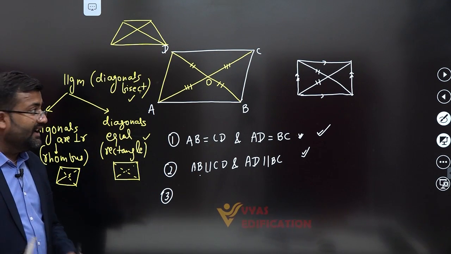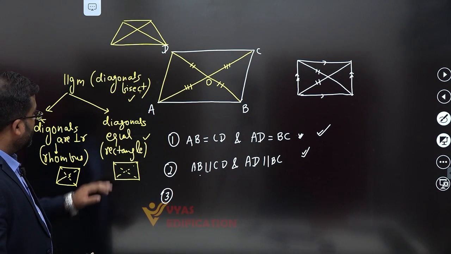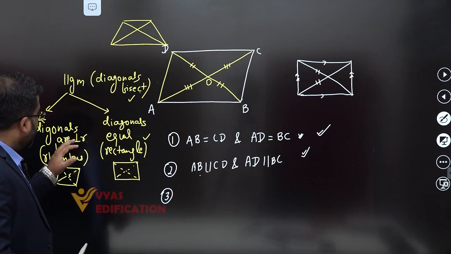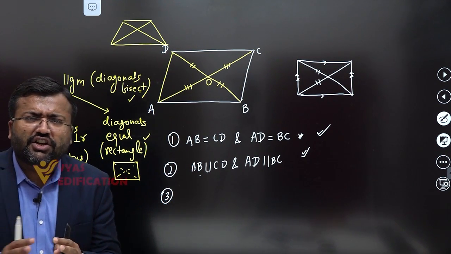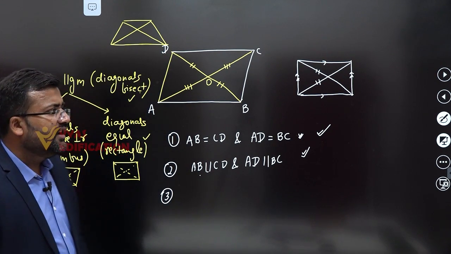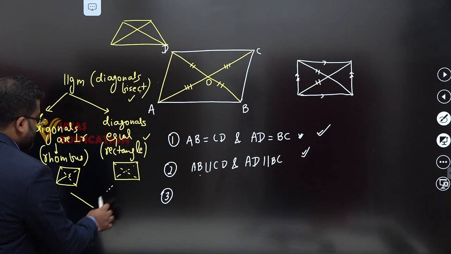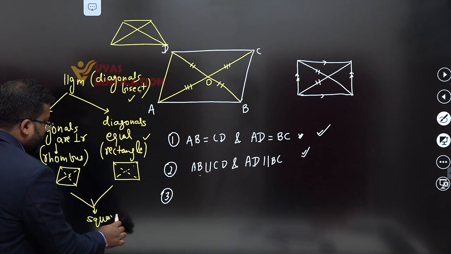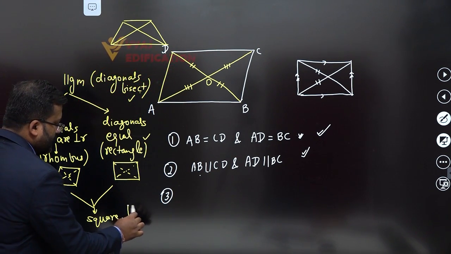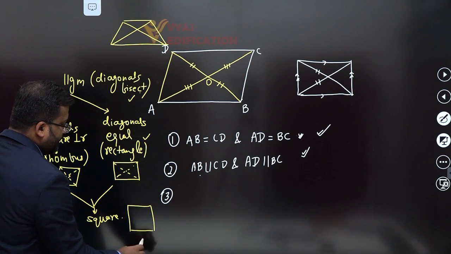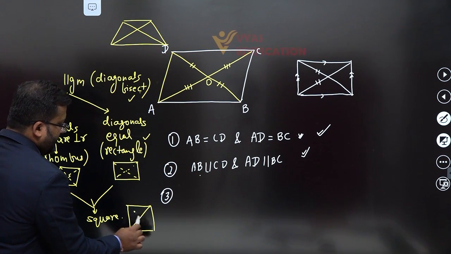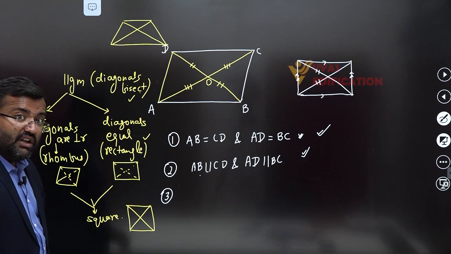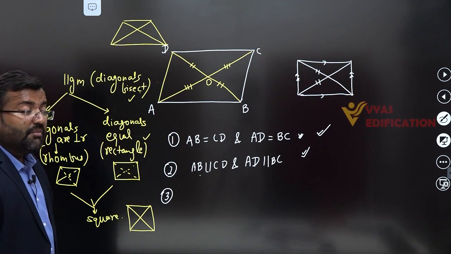And when we have diagonals bisect, diagonals equal and diagonals perpendicular, when we have all three things combined, then the thing that you get is a square. Square is this. The diagonals are equal, they are perpendicular, they bisect.